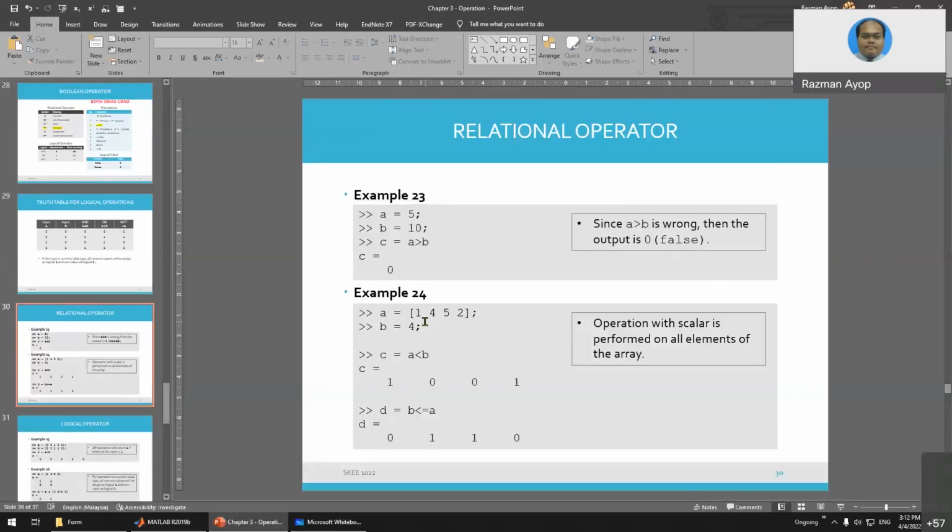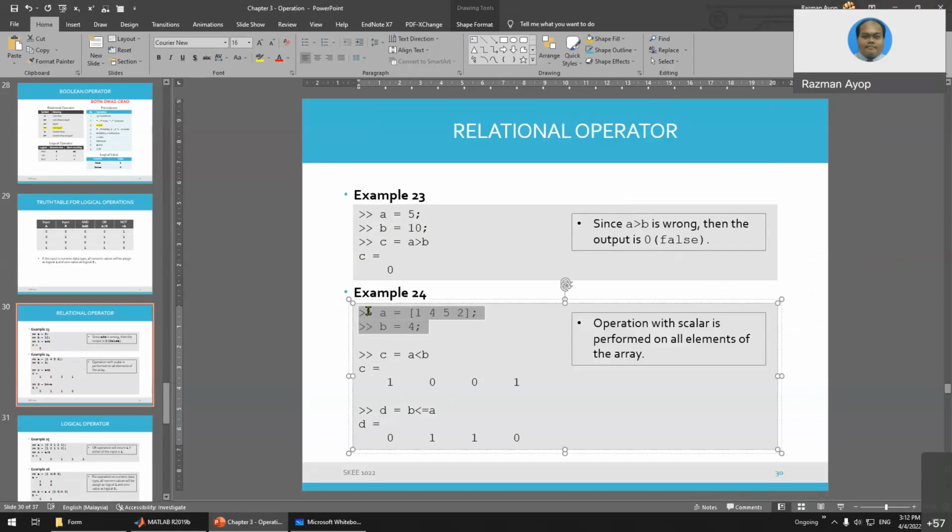Next, you have multiple parameters. This one is a scalar, no need to worry. But for a vector or array, if you have something like A is less than 4, it will check all of these conditions. Is 1 less than 4? Correct, so it becomes 1.